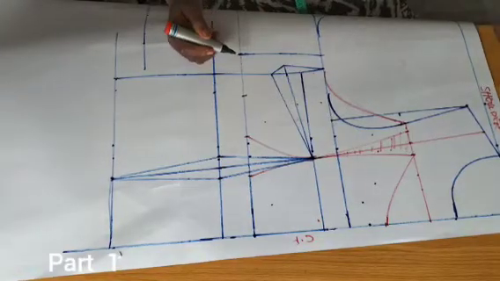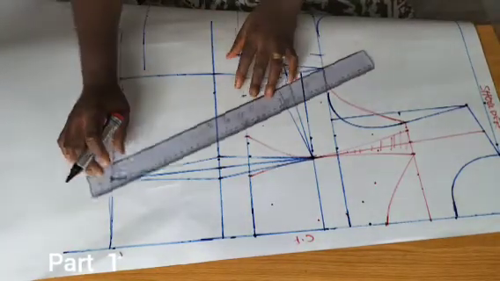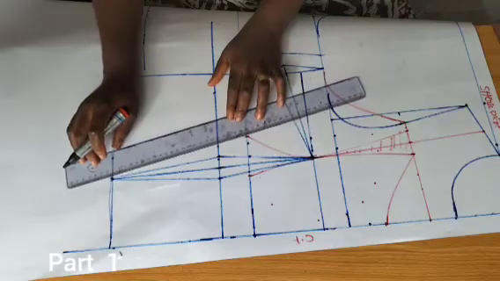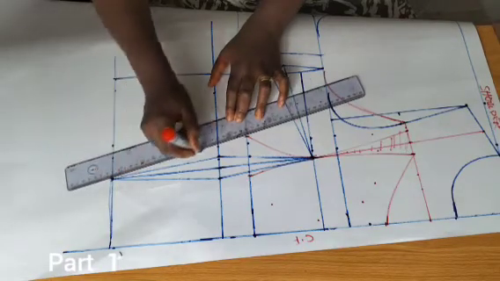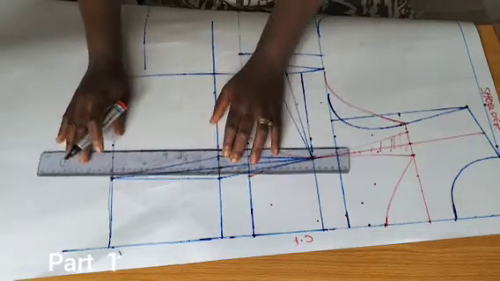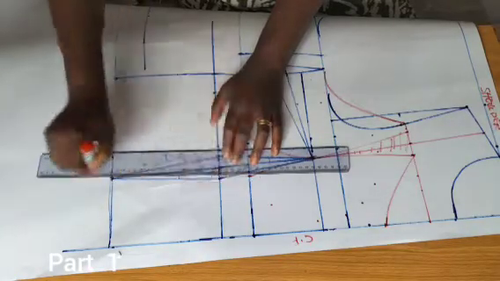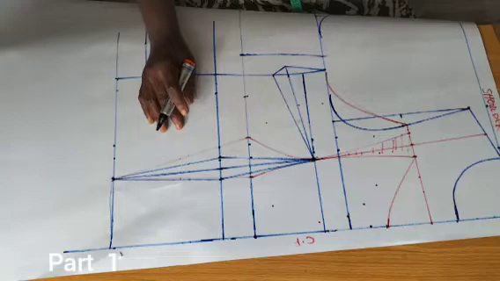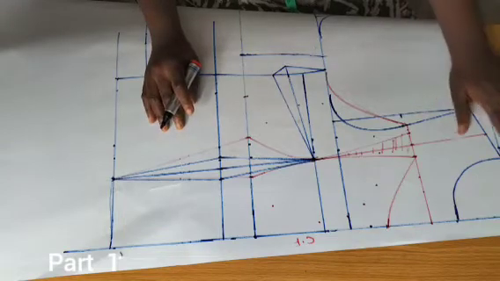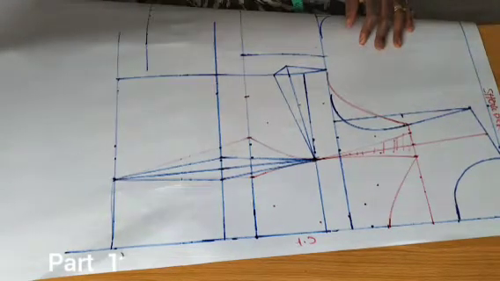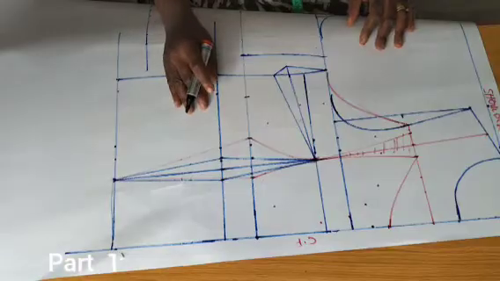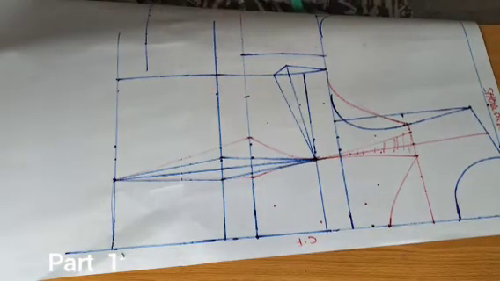So once that is done, I'll come in with my ruler once again to the dart on the hem line. So this is the dart on the hem line. So that is that, and we are good to go.